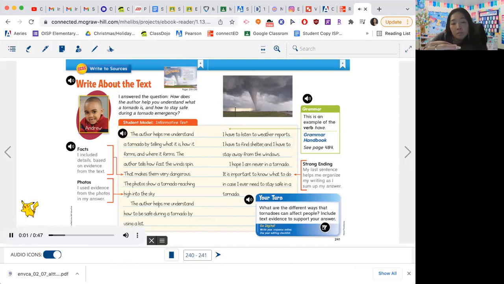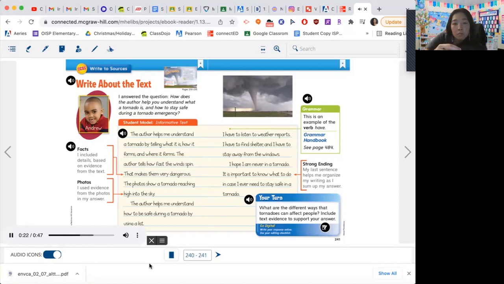The author helps me understand a tornado by telling what it is, how it forms, and where it forms. The author tells how fast the winds spin. That makes them very dangerous. The photos show a tornado reaching high into the sky.